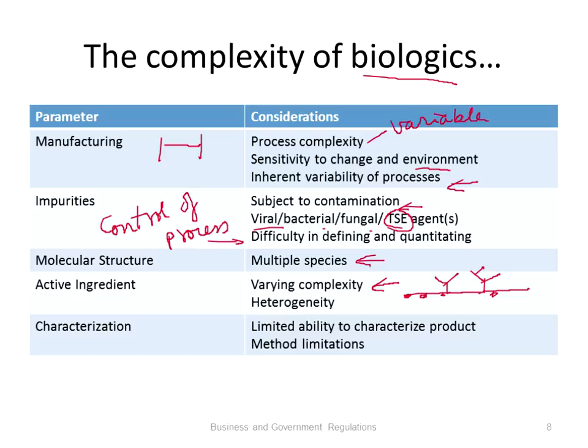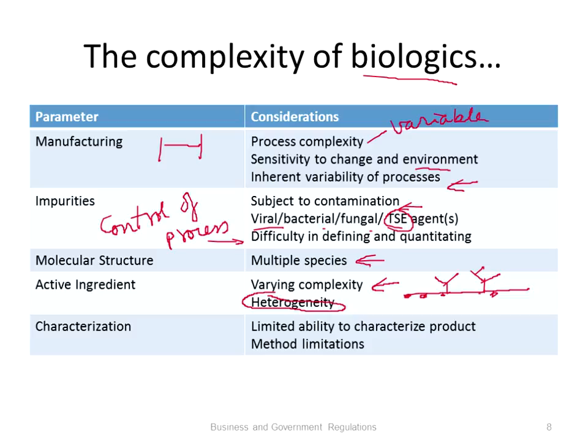You may have different amounts of sugar added onto the protein. So that is why you have heterogeneity, because of the addition of sugar molecules. And in addition, you may not be able to completely purify out some of the impurities. So you will have additional things in your product, right? So the active ingredient is also complex.